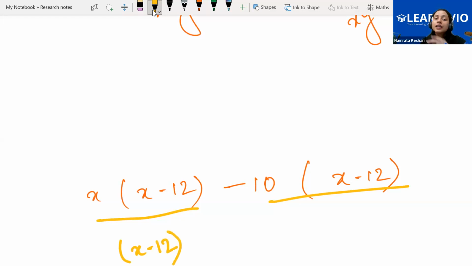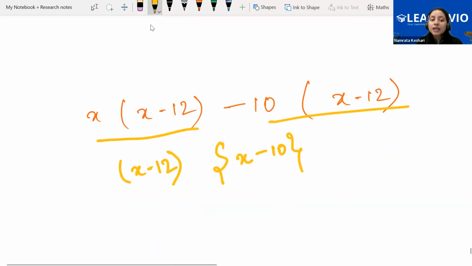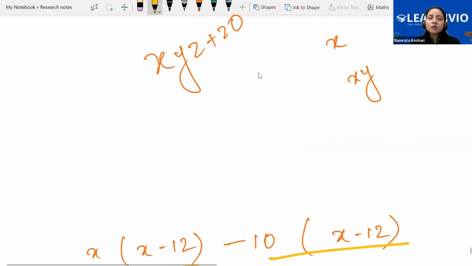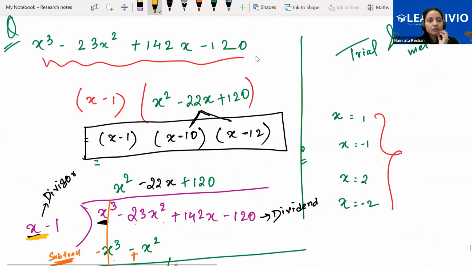Exactly, that we are taking out as a common factor, and then we write whatever is remaining. So x is remaining from the first term and minus 10 is remaining from the second term. That's why we write it like this: x minus 12 in one bracket, x minus 10 in another bracket. Is it clear to everyone? Yes, ma'am. This is how we will split the middle term.